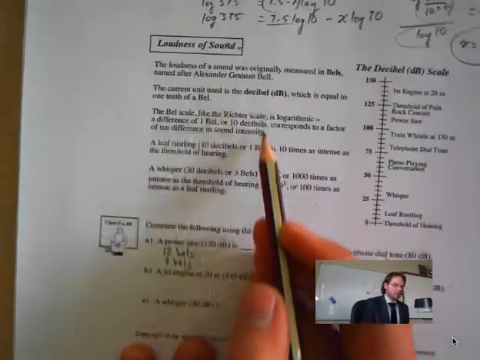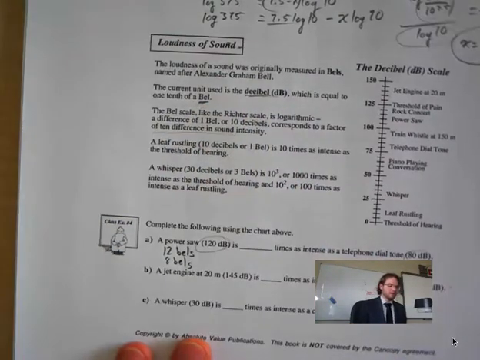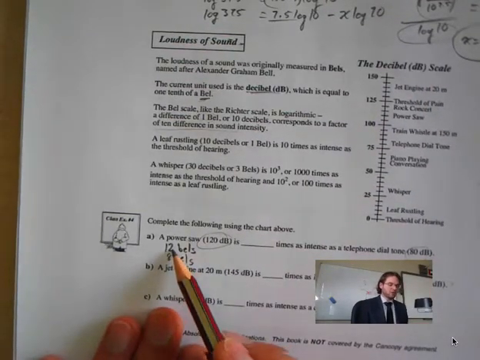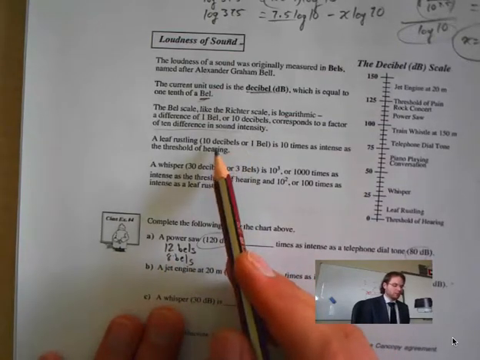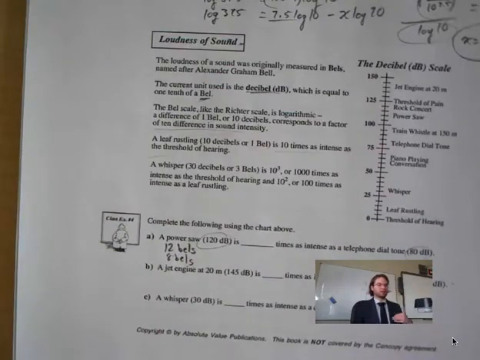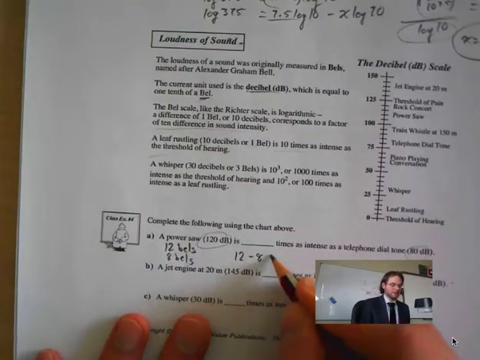So we're just looking at this. There's decibels as 1/10 of a bel. So we just put it in bels. Now, if I look at that, I know 1 bel is 10 times as intense as threshold hearing, so it increases 10 times. So we have 12 minus 8 is equal to 4.